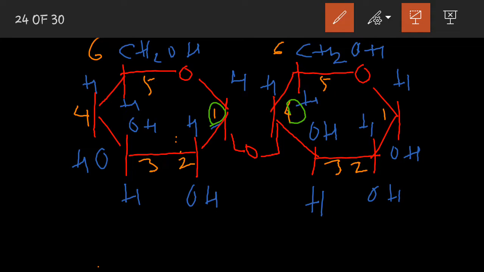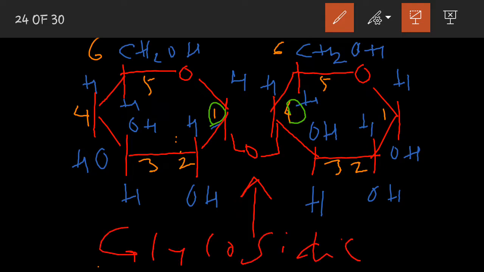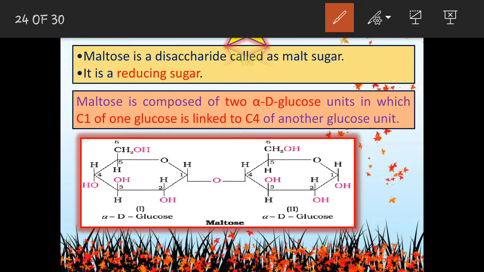Now this is the structure of maltose, and this one is what? Glycosidic linkage, glycosidic bond. So you should write it like this. This is the clear structure, but how to draw, how to write the structure, I have just now told you. So you practice like this, very important for 2 marks.